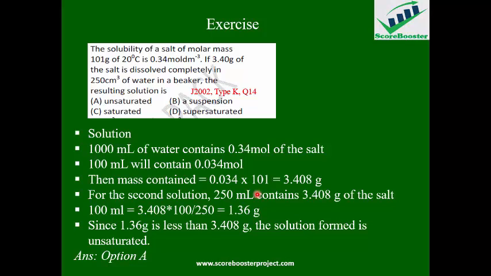Another way of doing it is to convert this to a number in mole per dm cube. We have the molecular mass already. This is 3.4 grams in 250 cm cube, so in 1000 cm cube it is 4-fold of that. 3.4 multiplied by 4 is 13.6 grams in 1000 cm cube, that is in 1 dm cube. So 13.6 grams is the mass contained in 1 dm cube.